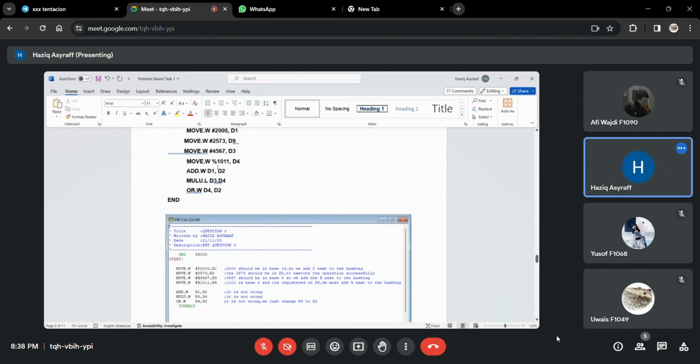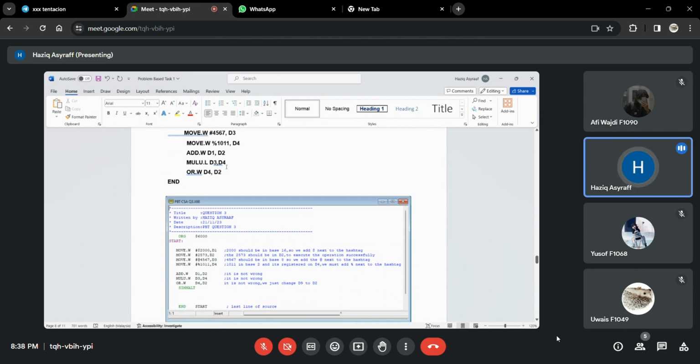The fourth error I found is beside the percent, it did not have a hashtag, so I put a hashtag.